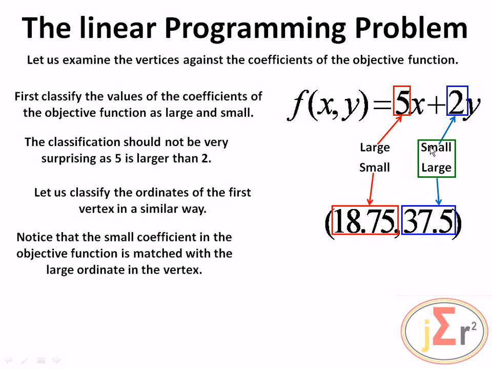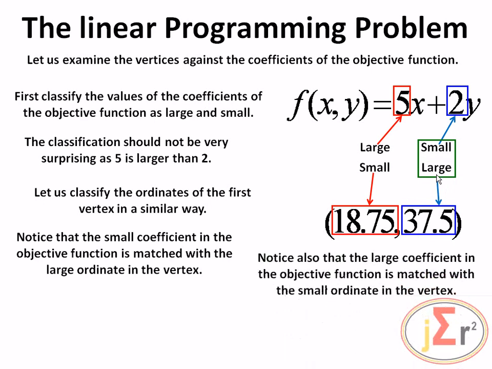So we have small coefficient with large ordinate, and notice also that the large coefficient in the objective function is matched with the small ordinate in the vertex, and again we have large matched with small.